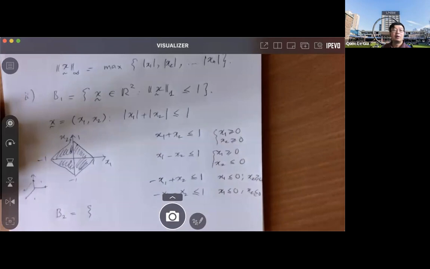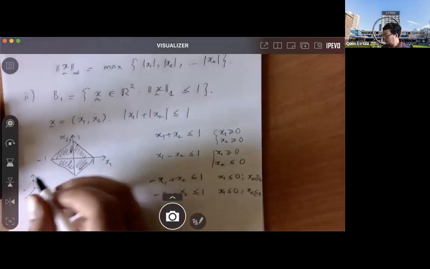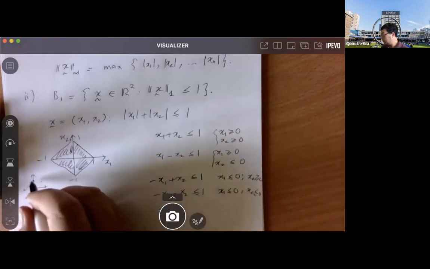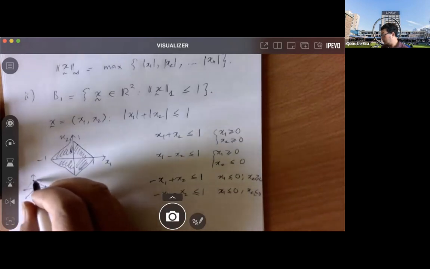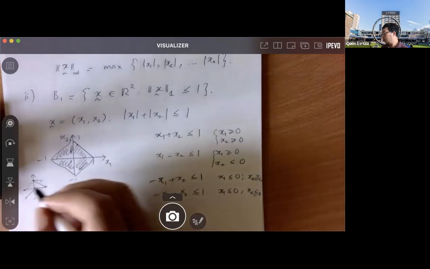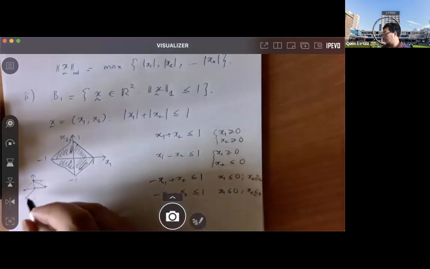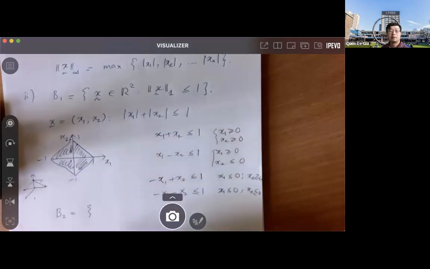Okay, I'm not a very good drawer, but you can imagine, right? So it will be a diamond in R3. Okay, so try to plot it in R3, but you get the idea, right? So I'm not a very good sketcher here.